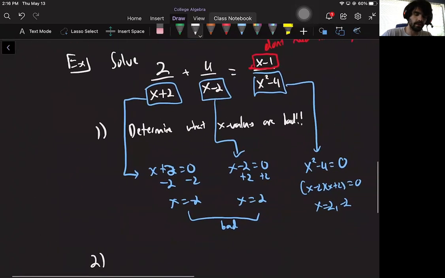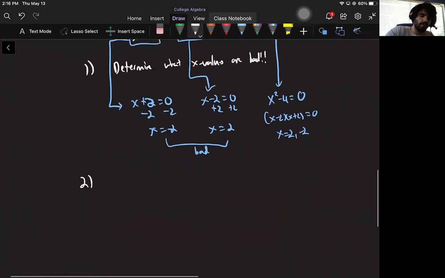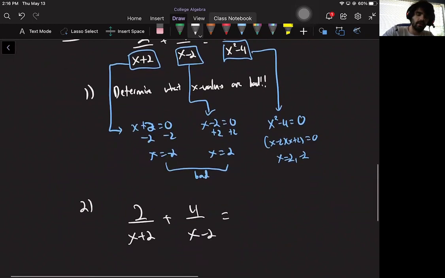So let's see. What we need to do is factor all the denominators as much as possible, which is what we had to do last time as well when simplifying expressions. And so let's do that. So like I said, this guy factors into x minus 2 times x plus 2.